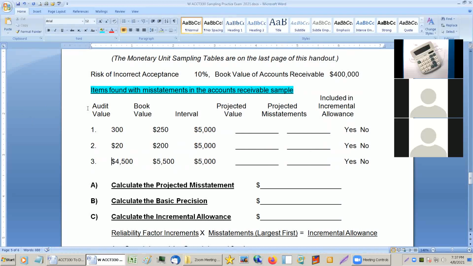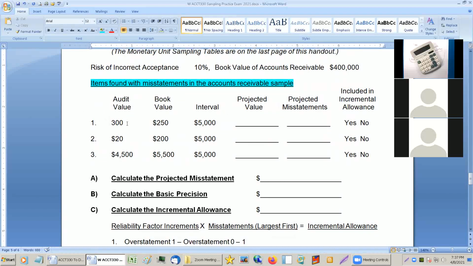Oh no, these are all off. Let me just rewrite the whole thing right in front of you. Okay, so here's the problem with this one. You'll notice that this is an understatement.